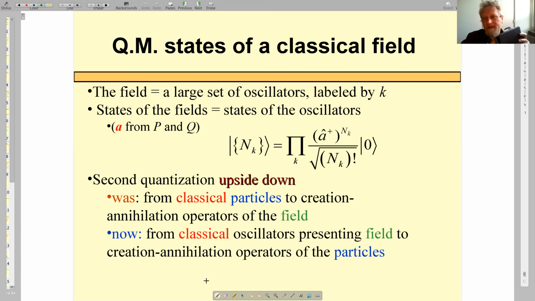We started with classical fields, and now we are about to describe their quantum mechanical states. Since a field is a large collection of oscillators, the quantum mechanical states of a classical field are the states of the oscillators.